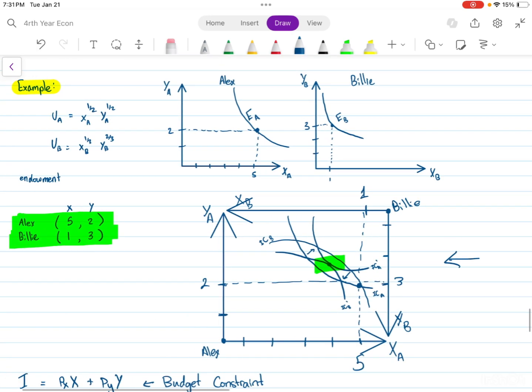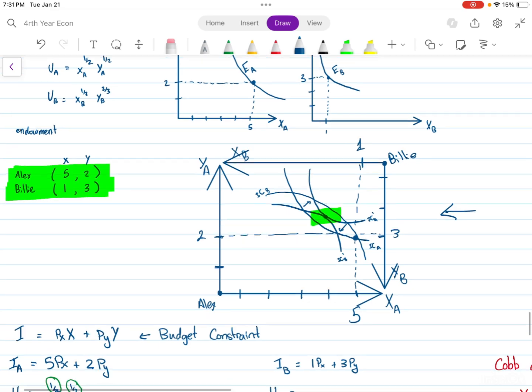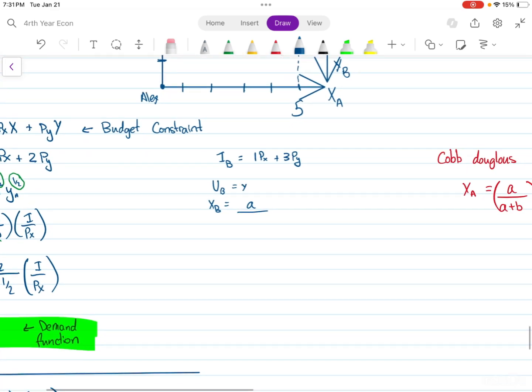Billy's utility is X to the power of 1/3, Y to the power of 2/3. Let's solve for Billy's first demand function.